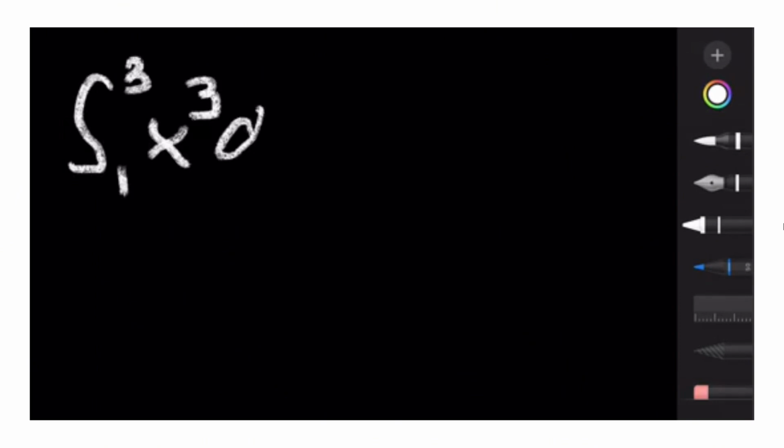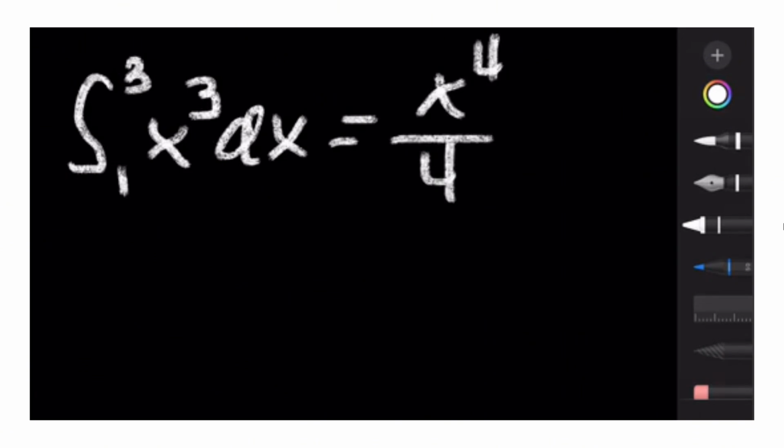So we have to evaluate this equation. To evaluate this equation, we have to first find the antiderivative. So the antiderivative would be x to the 4 over 4 plus c.